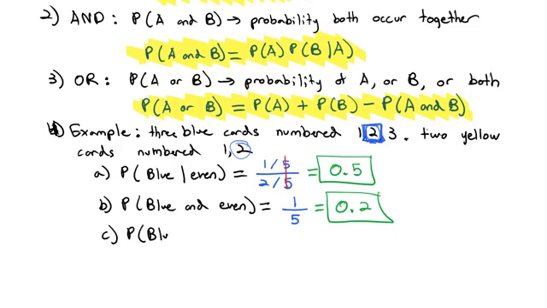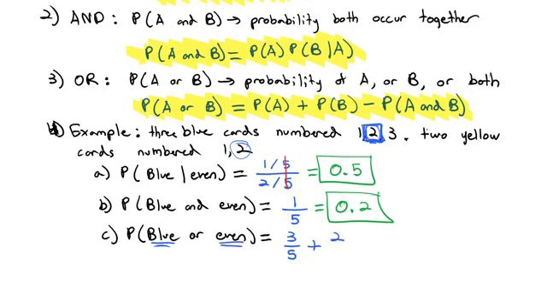What about the probability that it's blue or even? For blue or even, now we're looking for how many are blue. The first option, there are 3 blue cards out of 5, plus how many are even.